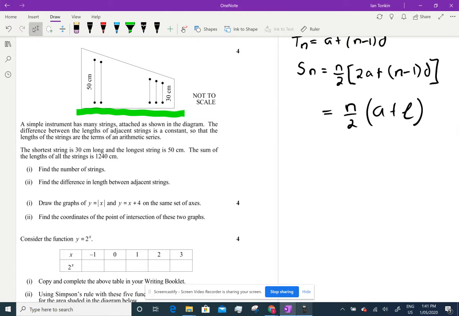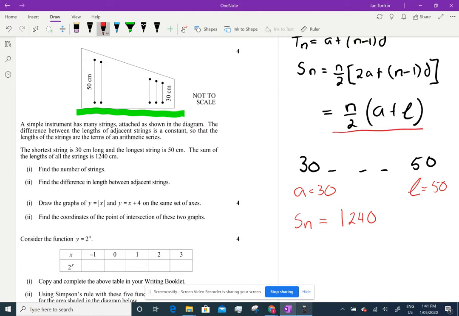Now, let's set this series up the other way, because I just like going the other way. So 30, something, something, something, and we get to 50. So I'm going to let my a equal 30. And this is the last term, so that's my L. That equals 50. And I know that S of n, whatever it is, equals 1240.